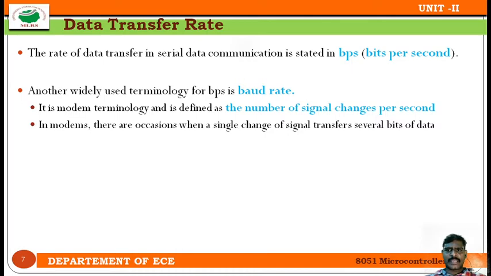Since IBM PCs or compatible computers are widely used to communicate with 8051 systems, we will emphasize serial communication of 8051 with a COM port. This COM port allows data transmission between the PC and 8051 without any error. So we must ensure that the baud rate of the 8051 system matches the baud rate of your COM port.